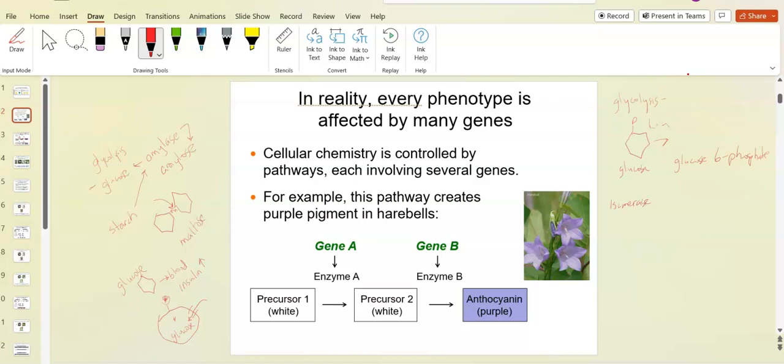Hopefully you know what an isomer is, and hopefully you learned that in intro biology. And then that isomerase converts glucose 6-phosphate into fructose 6-phosphate, and then a fructokinase adds another phosphate at the 1 position, so you get fructose 1,6-bisphosphate. And then in the pathway after that, it gets split into 2 by another enzyme.